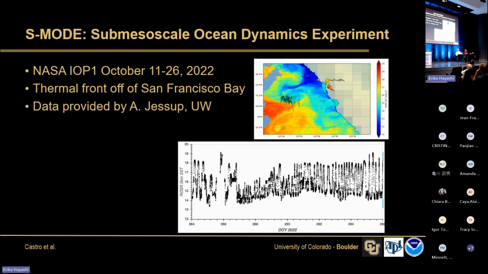This is the time series of the radiometer skin SSTs for over 2 weeks, and you can see that the radiometer was able to see the frontal passing pretty well. The magnitude from one side of the front to the other was about 4 Kelvin, and the front was pretty stable for almost 3 weeks.